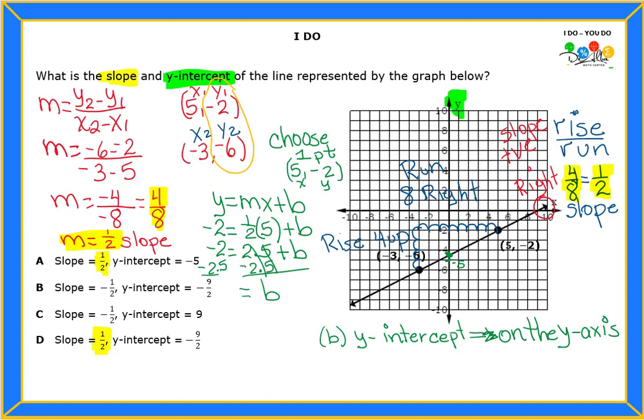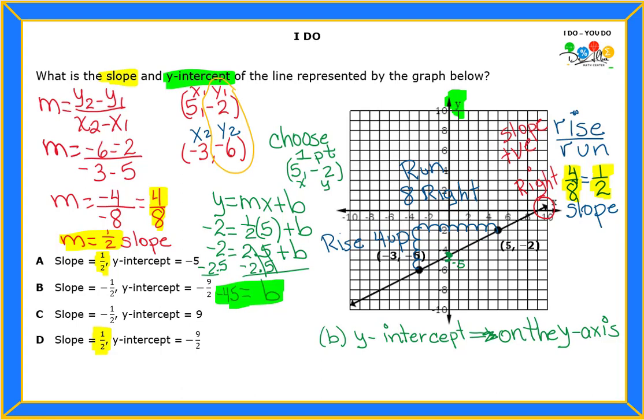Let's continue. -2 minus 2.5 gives me -4.5. So according to my equation, b is equal to -4.5. And I kind of predicted that, right? Because we said that the y-intercept was between -4 and -5.